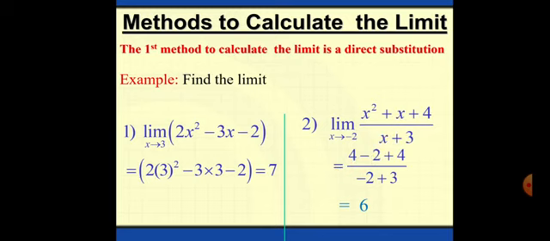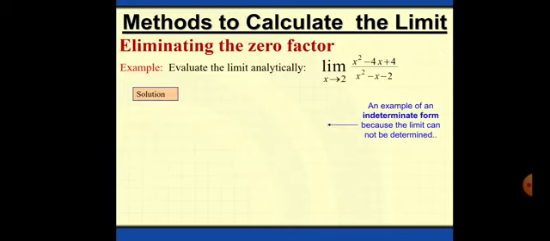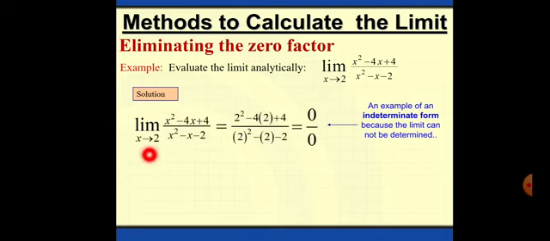But sometimes we have a problem with direct substitution. If we substitute x equals 2 in this problem, the answer is 0 over 0. It doesn't make any sense because it is called an indeterminate form. So what can we do?